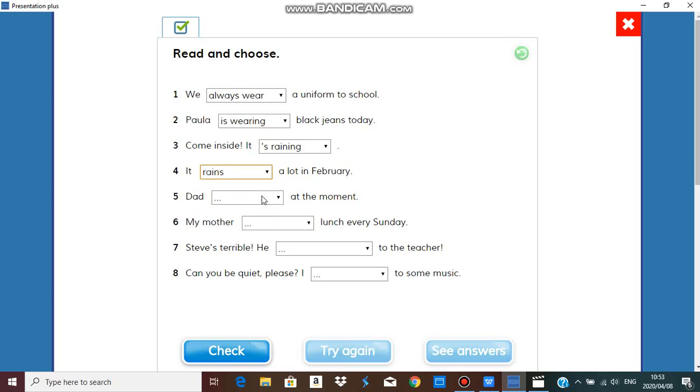Dad cooks at the moment or dad's cooking at the moment. At the moment, cooking. My mother cooks or my mother's cooking. My mother cooks every Sunday. Steve's terrible. He never listens to the teacher. He never listens.